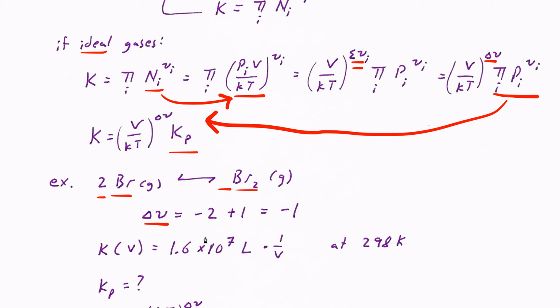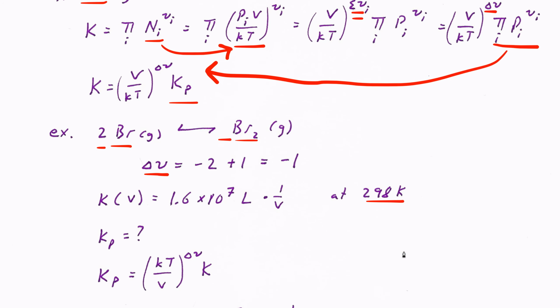We know from previous work with this example that the equilibrium constant depends on volume. We've determined that it's this number, 1.6 times 10 to the 7th liters times 1 over the volume that the gas is contained in, and that's the value when I'm doing the problem at 298 Kelvin.